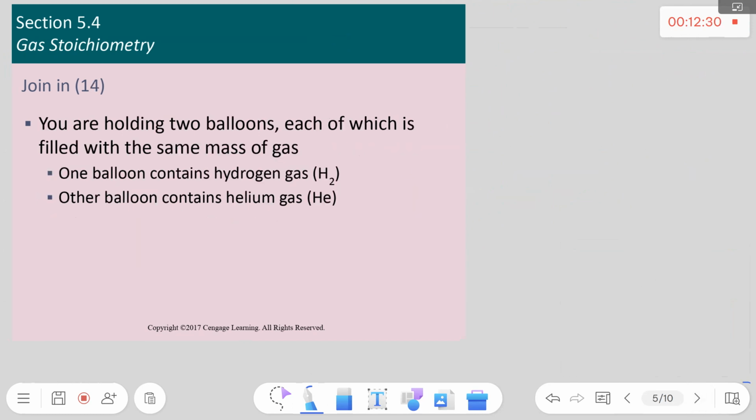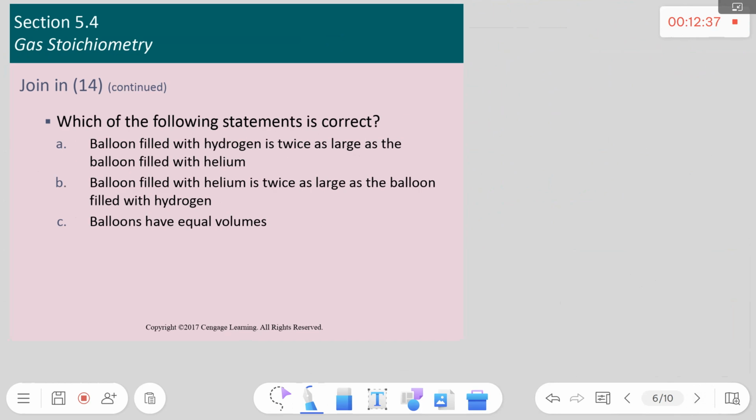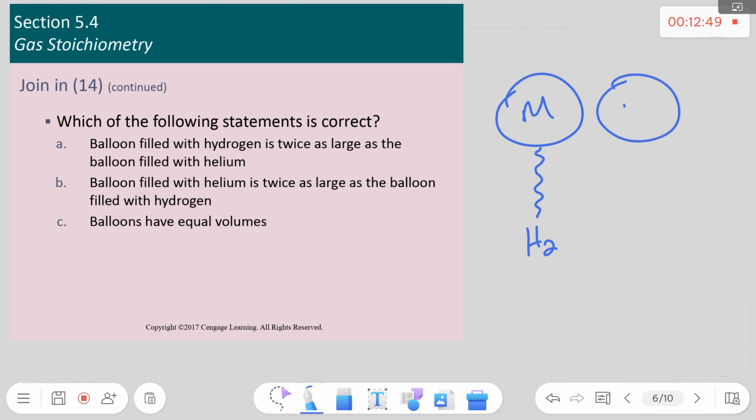Two balloons, each filled with the same mass of gas. One has hydrogen, one has helium. Which of the following statements is correct? So I'll draw you a picture. We got hydrogen with some mass. We got helium with the same amount of mass.